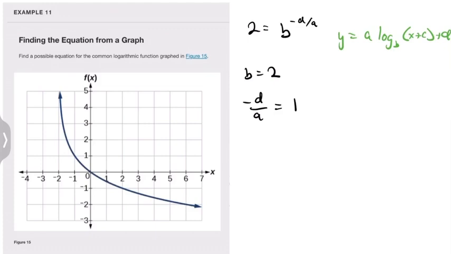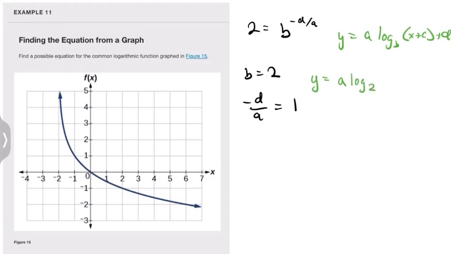Now let's try that. Let's let b be 2, right? So at this point we'll put a pin in a. So we're still solving for a.